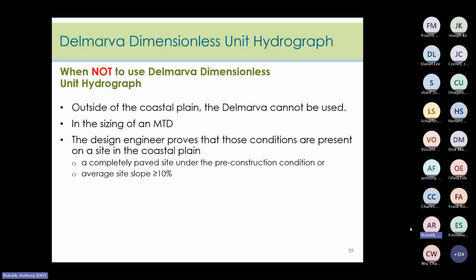And lastly, when a site is within the coastal plain and the design engineer can prove to the satisfaction of the review engineer that the conditions for applicability of the Delmarva hydrograph are in no way present anywhere in the watershed. For example, if the site is completely paved or there are very steep slopes present, like greater than 10% on site, then it may be more appropriate to use the SCS hydrograph, but only in those cases.